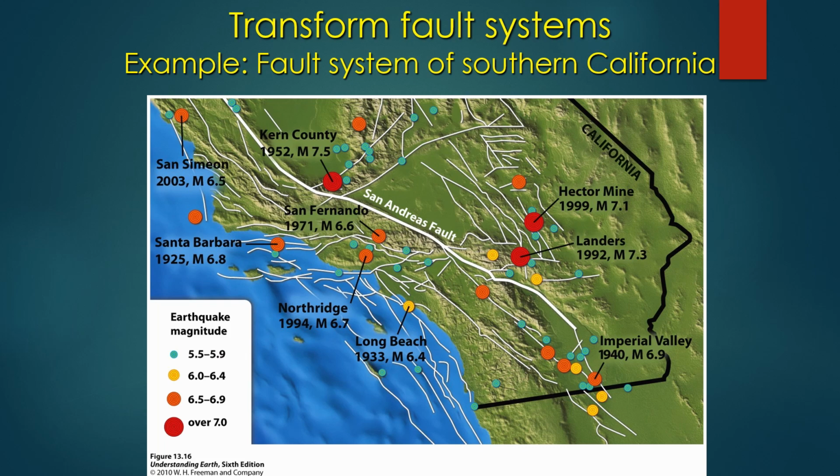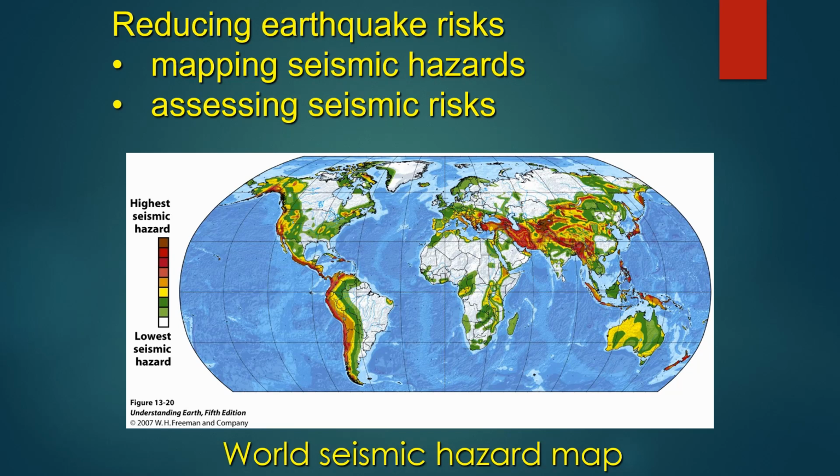The fault system in Southern California is a good example of that. The complexity of the fault system is one of the reasons earthquakes are impossible to predict. So, if earthquakes cannot be precisely predicted, what can we do to reduce the impact of earthquakes on our lives?